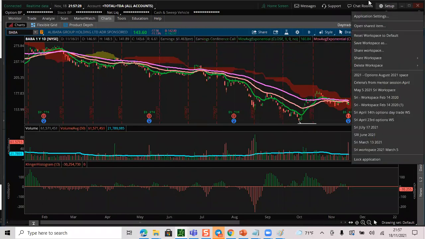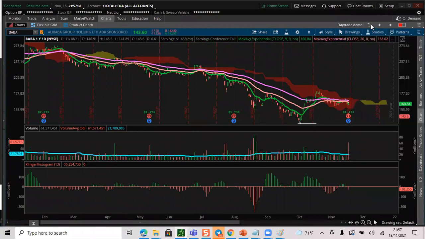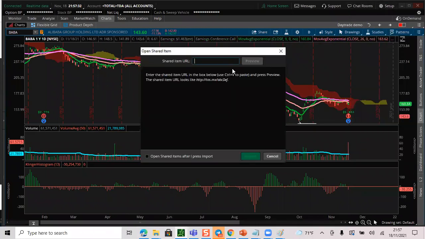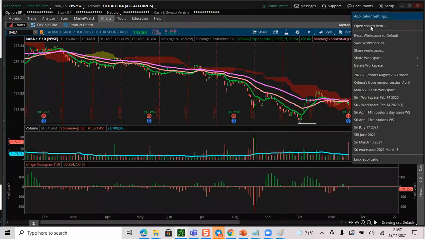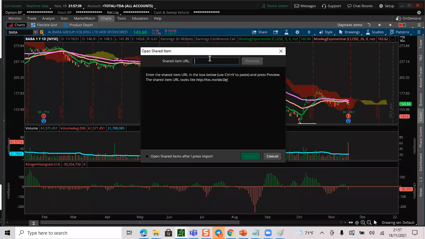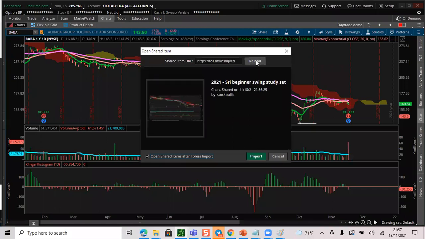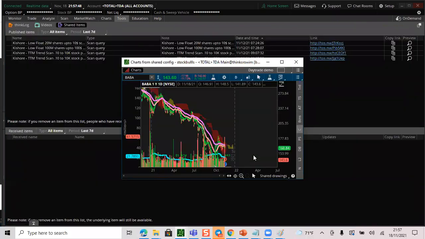Copy the link, go to setup and click on open shared item. I'll show one more time. Go to setup, click on open shared item. Do preview and just import.